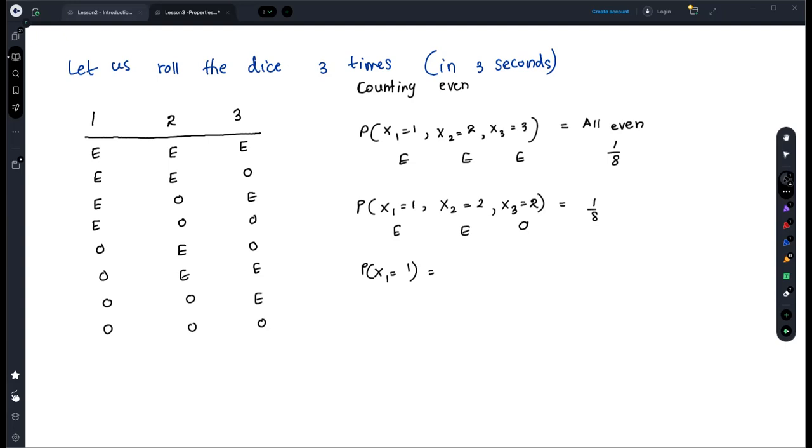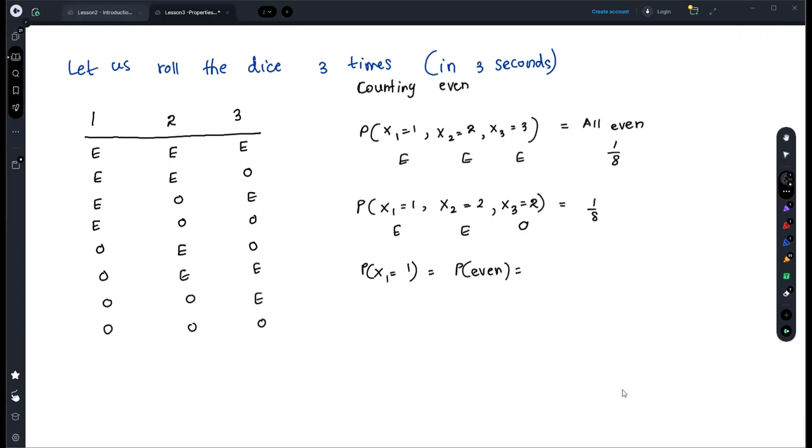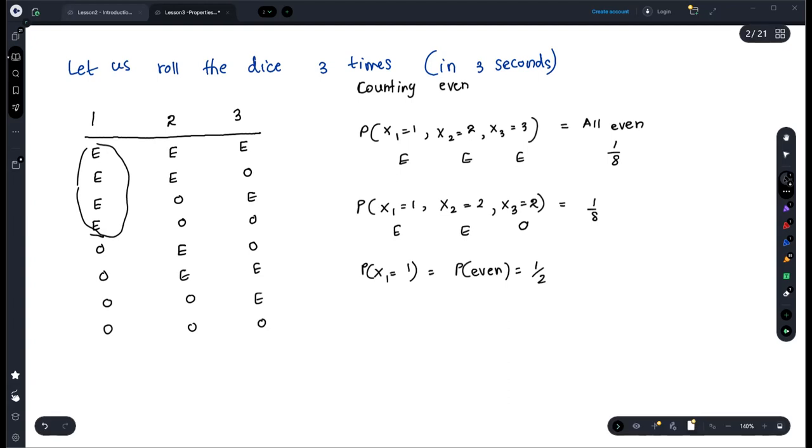So there's no information about 2 or 3. That means they can be any, right? They can be odd or even, doesn't matter. So that will be actually the probability of getting an even value. So that is this set, right? So there are 4 out of 8, which is 1 over 2. I got one answer. Yeah, it is 1 over 2. Correct.